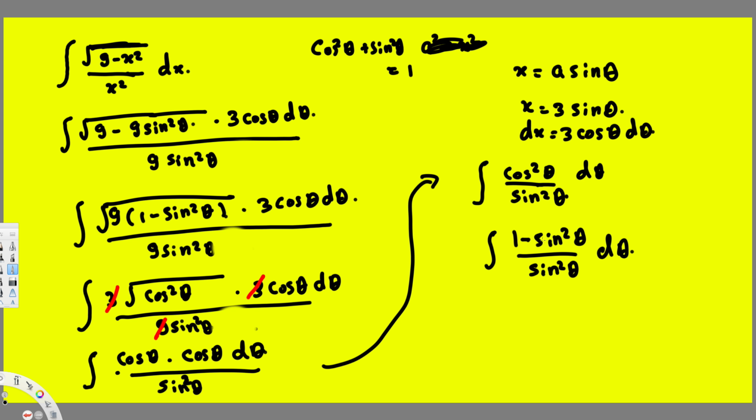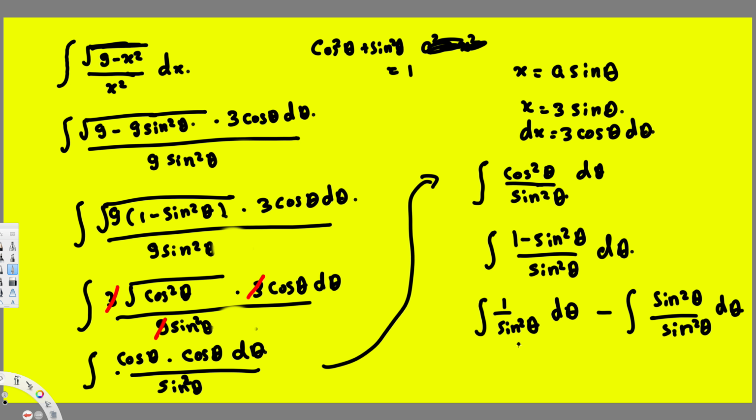Now we can write this as two different integrals: integral of 1 over sine square theta d theta minus integral of sine square theta over sine square theta d theta. This way it is easy to integrate.